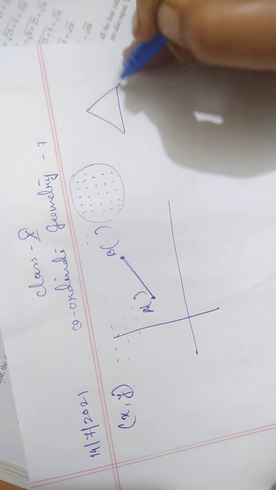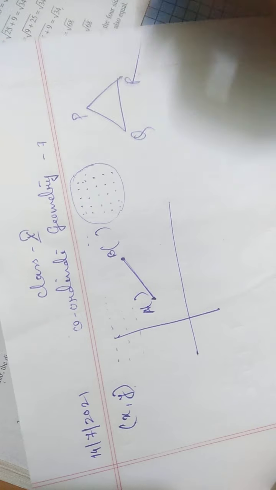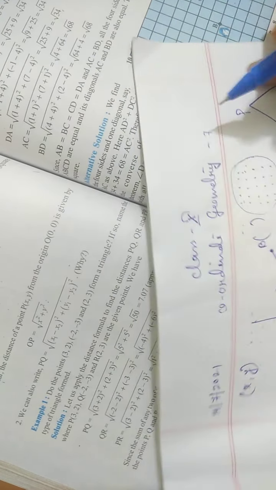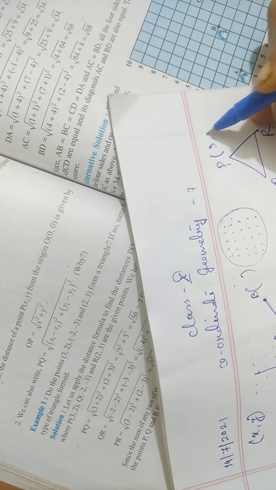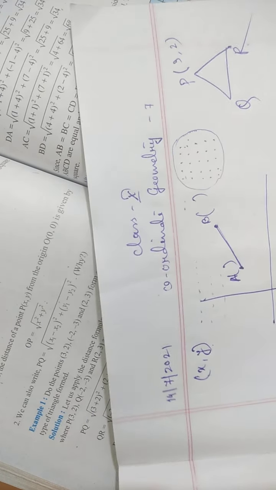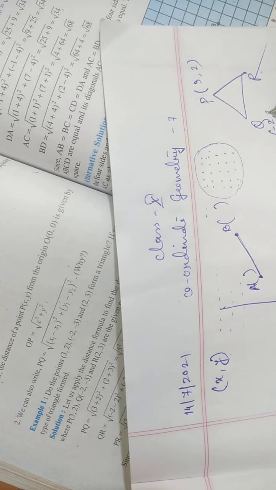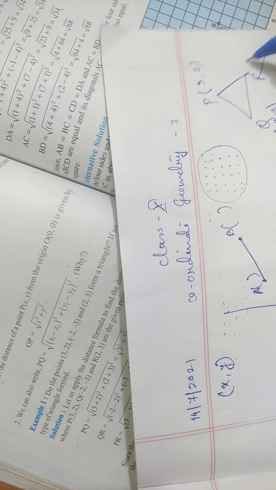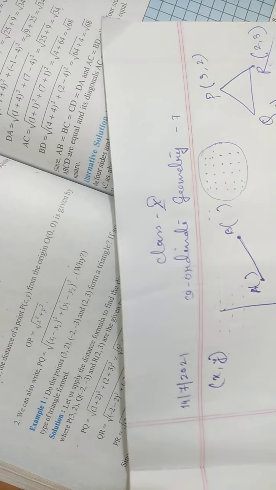Say PQR is a triangle. The 3 coordinates are given: one is 3, 2, another is minus 2, 3, minus 2, minus 3, and another is 2, 3.